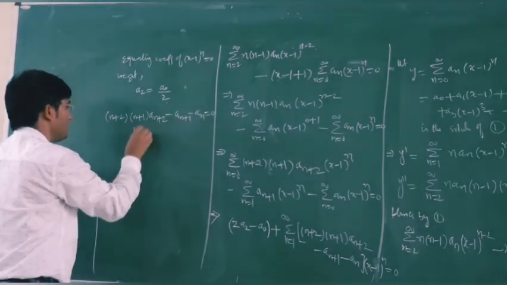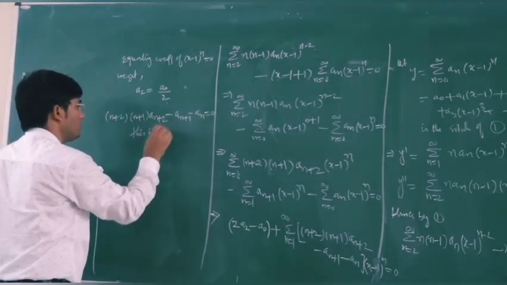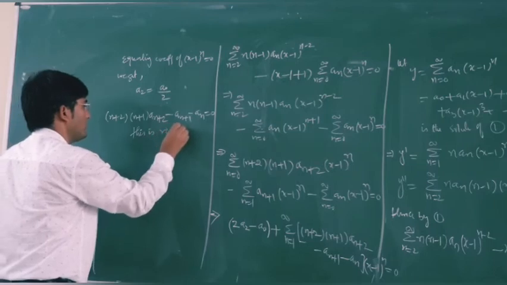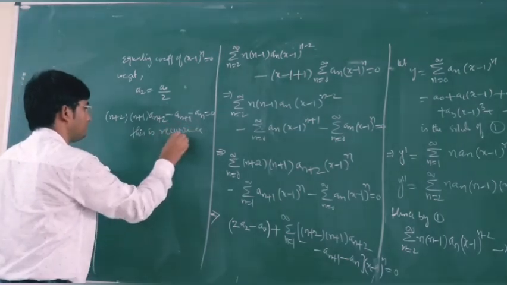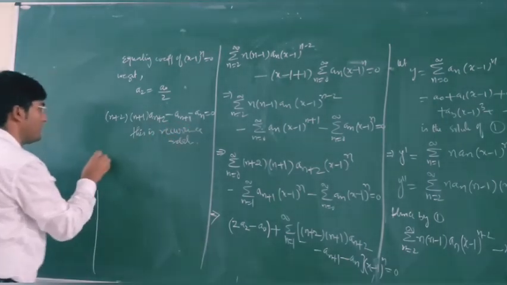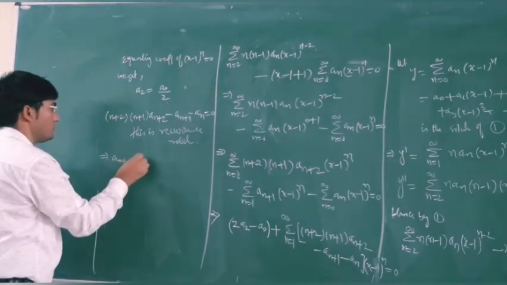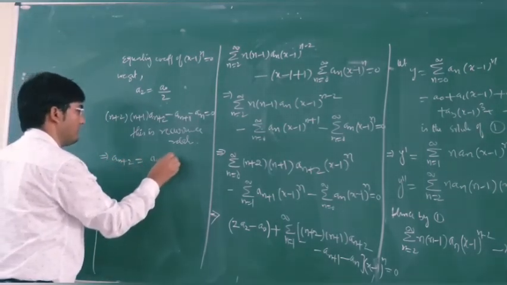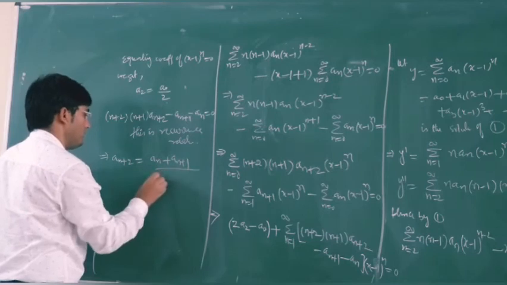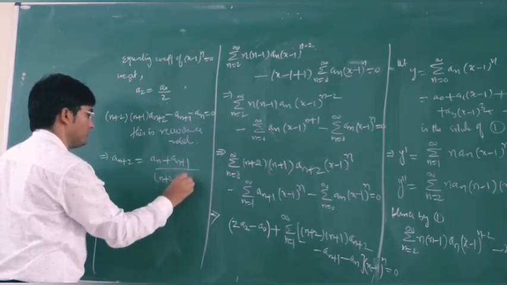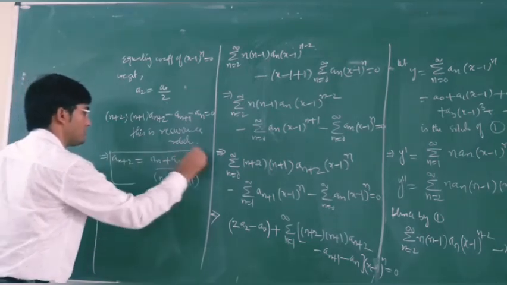This is your recurrence relation. So from here the value of a n plus 2 will be equal to a n plus 1 divided by n plus 2 into n plus 1. So this is our a n plus 2.